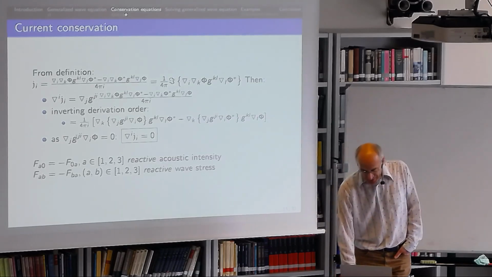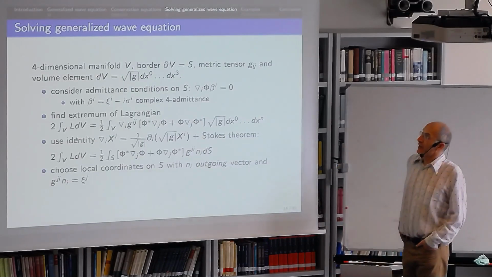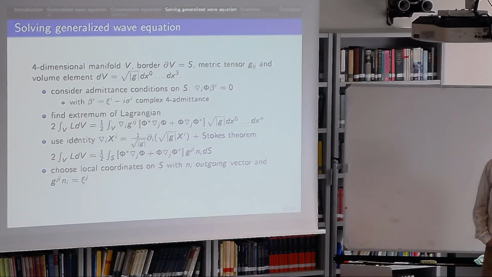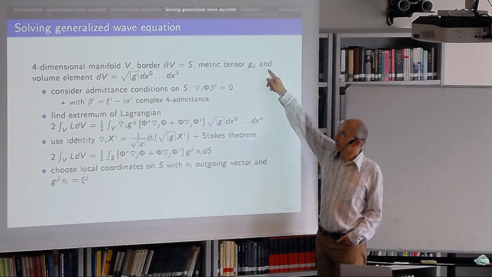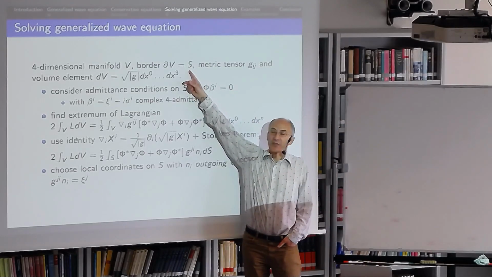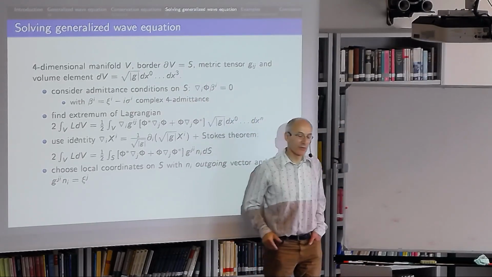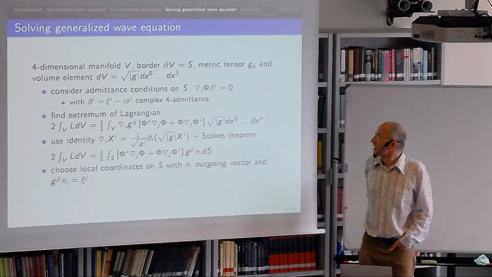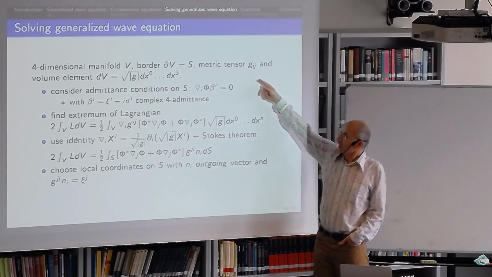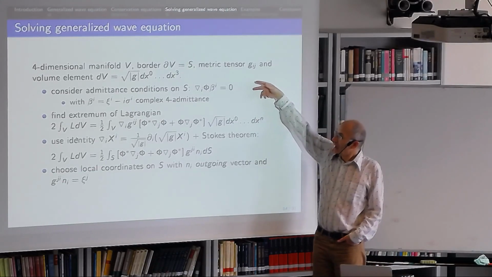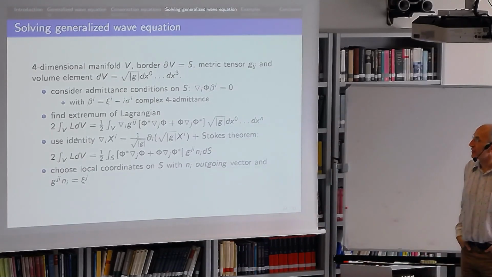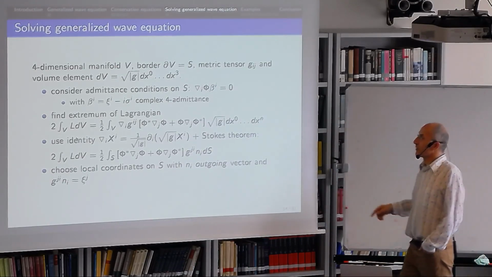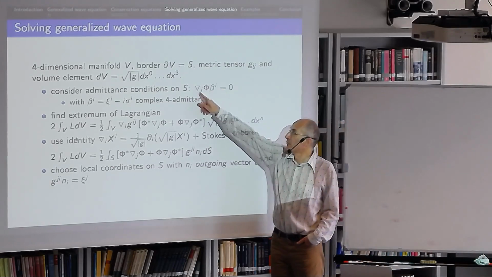So now we go back to the generalized wave equation, and we try to solve it on a 4-dimensional manifold. We call, as traditionally, the border of the manifold the surface S. We still have the metric tensor and the volume element, but we now consider a surface admittance condition on the surface, which I write in this form.